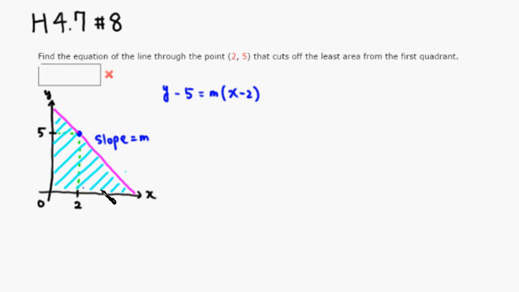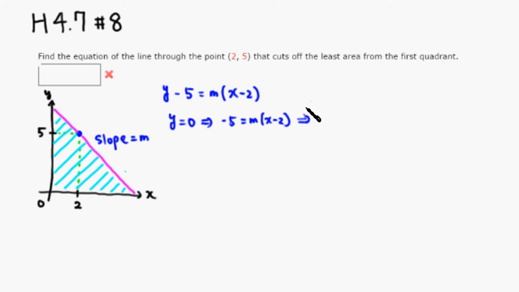In order to find this triangular area, we need to know the base and height. Base is simply the x-intercept, so plug in y equals 0, and we get negative 5 is equal to m times (x minus 2).